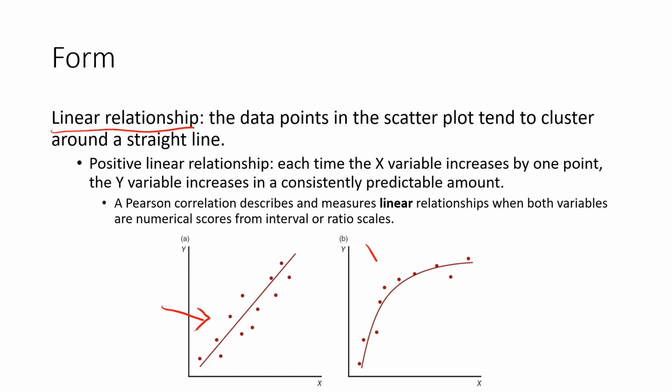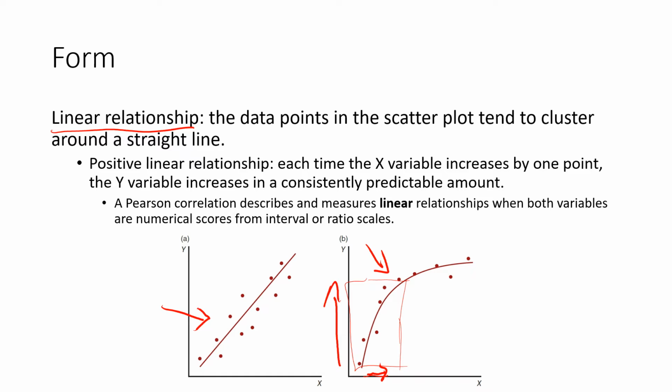However, you could have a different type of correlational relationship where variables are related to each other, but they're not related in a linear way. Meaning, well, you see here early on, x is not increasing by that much, it's increasing a little bit, y is increasing a lot.